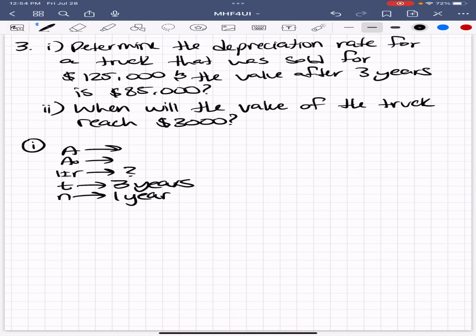We don't know the depreciation rate, so we're going to solve for R and isolate R. Our initial amount was $125,000, and then $85,000 is our final amount, the amount of the truck after 3 years. So let's do our formula.